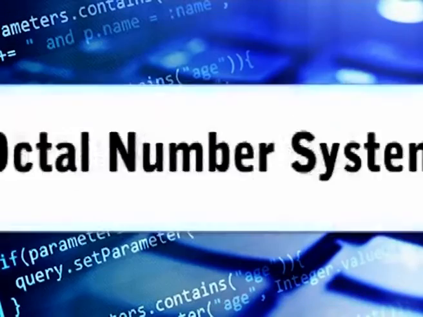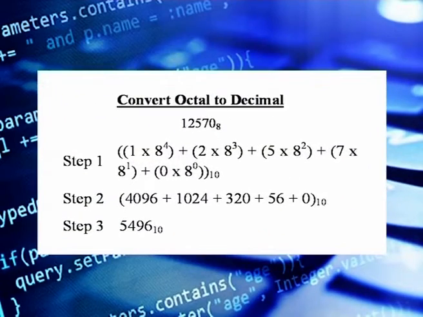Next is the octal number system. This number system uses 8 digits, 0 to 7, so its base is 8. Again, let us look at the figure. In this example, 12570 is the octal number. We convert it into an equivalent decimal number by multiplying each digit of the number with the powers of 8 as shown in the figure. Thus, 5496 is the equivalent decimal number.